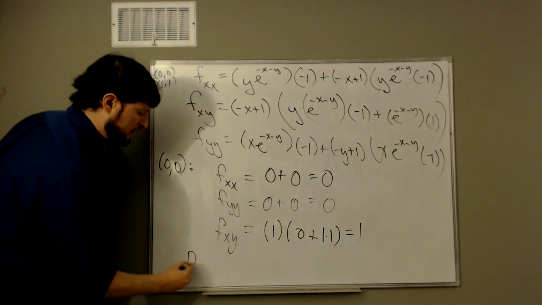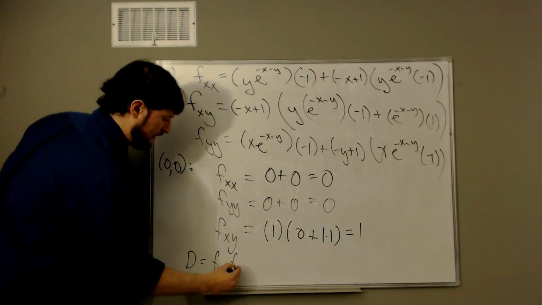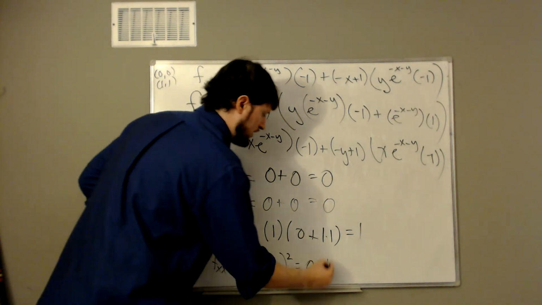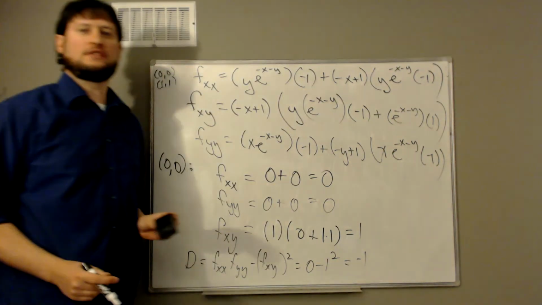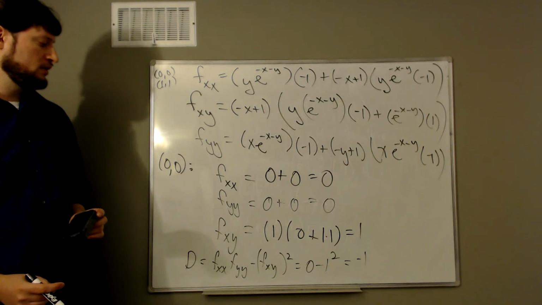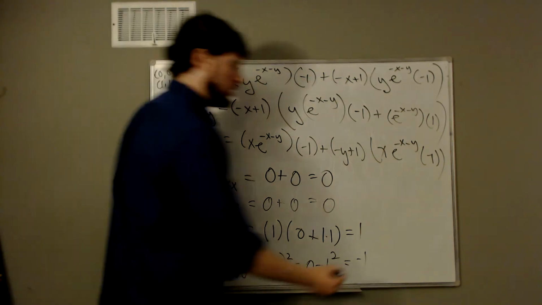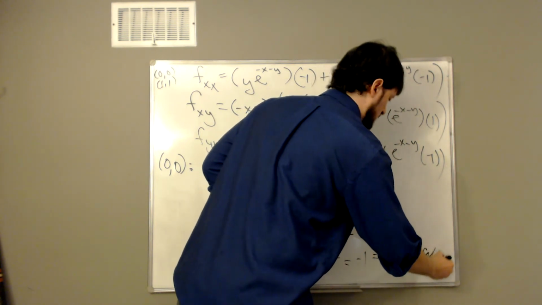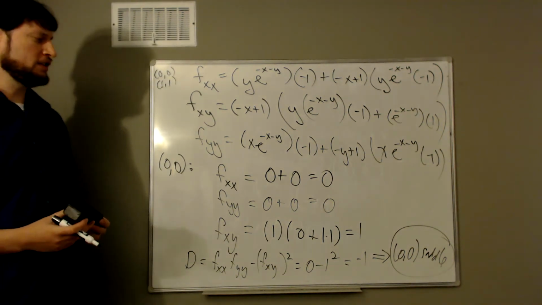So D is f sub xx times f sub yy minus f sub xy squared, which is 0 minus 1 squared, which is negative 1, which tells me that 0, 0 is a saddle, which is what we saw when we looked at its graph on Mathematica.